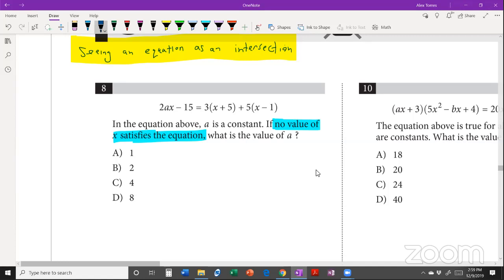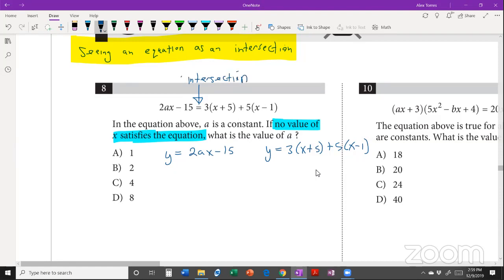So if you see two equations that are set equal to one another, you can imagine that this was y equals 2ax minus 15, and this is y equals all of this stuff, 3 times x plus 5 plus 5 times x minus 1, so that these are two equations, which would be lines because x is to the first power, and that they had already been set equal to each other to find the intersection.